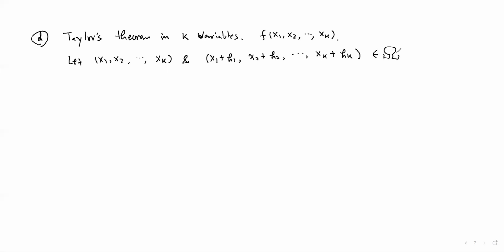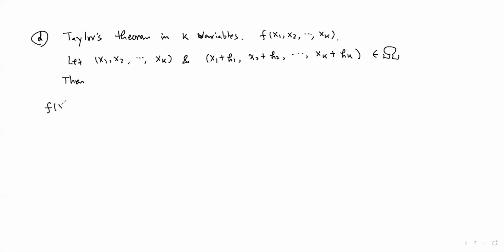Now omega is a rectangle in k-dimensional space.